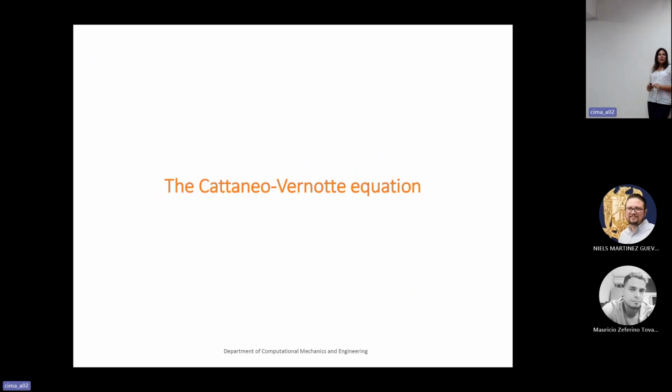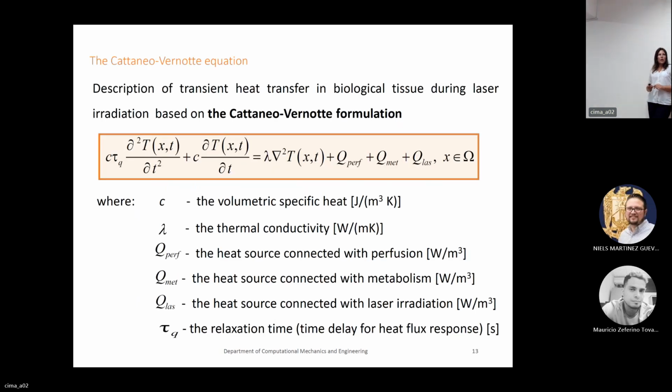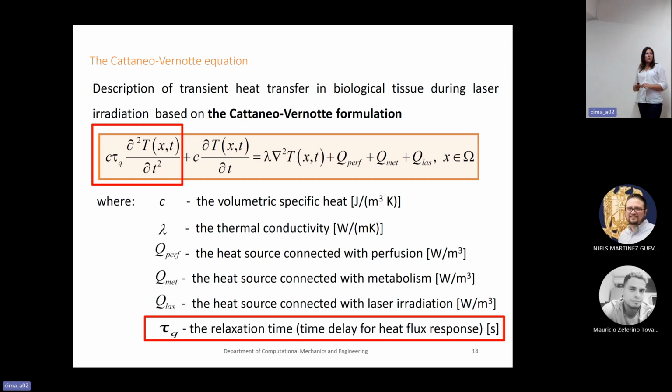Okay, so the next model, the Cattaneo equation, looks like that. What's the difference between Fourier and Cattaneo equation? We have 1 additional component and also 1 additional parameter: the relaxation time, the time delay for heat flux response, in seconds.